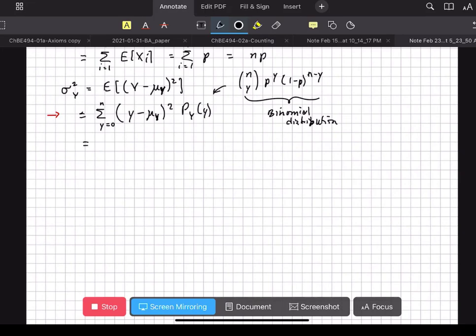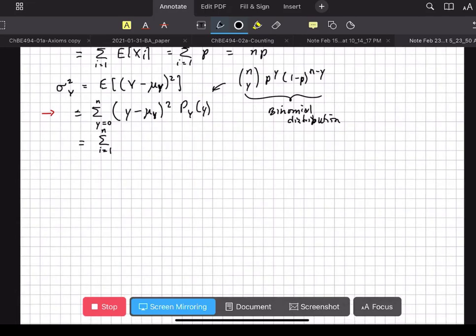If I know that Y is comprised of a sum of other random variables, and they have to be independent of each other, then I can sum from 1 to n over all of the variables that contribute to Y their variances multiplied by the coefficients as they appear in Y. The 1 squared here is because it's just Y equals X1 plus X2 plus X3, so each one has a coefficient of 1. And so we're really using variance identities.